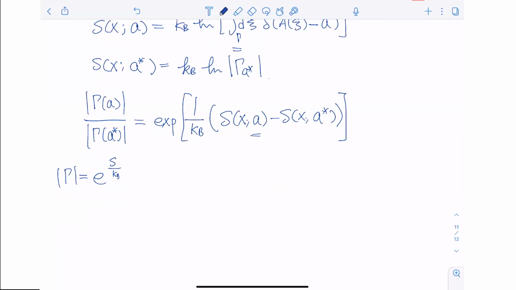We can always expand this function nearby the equilibrium value A star. Then we'll find this ratio to be something that looks like this.